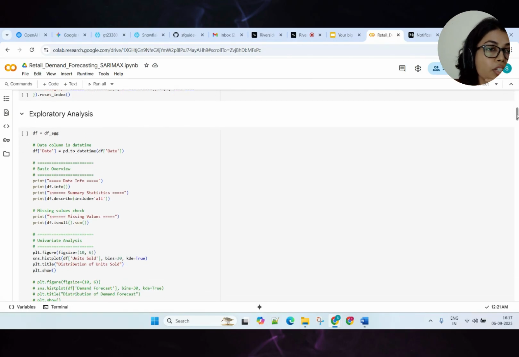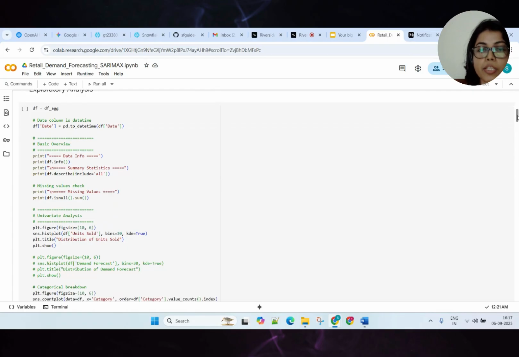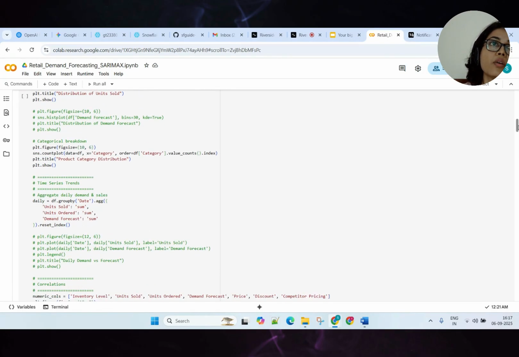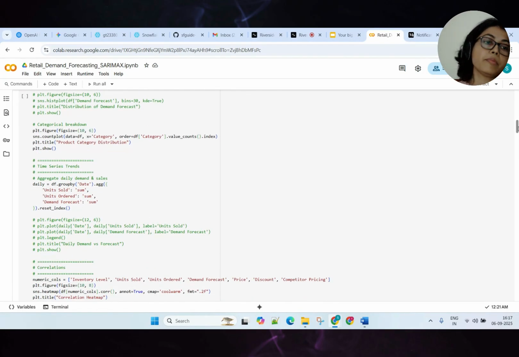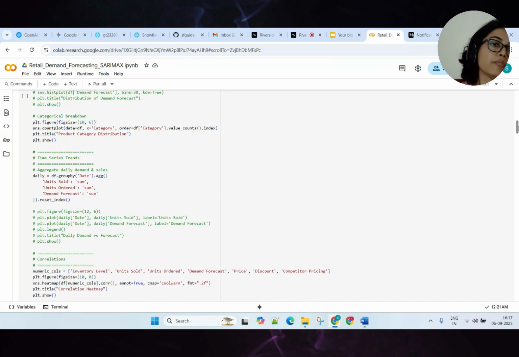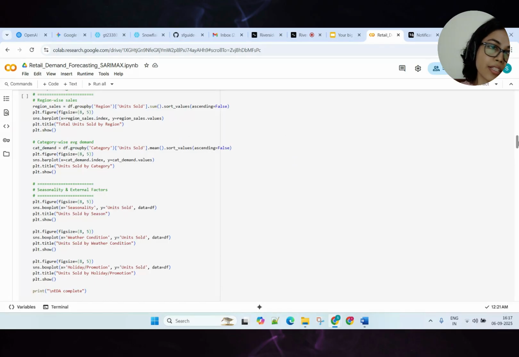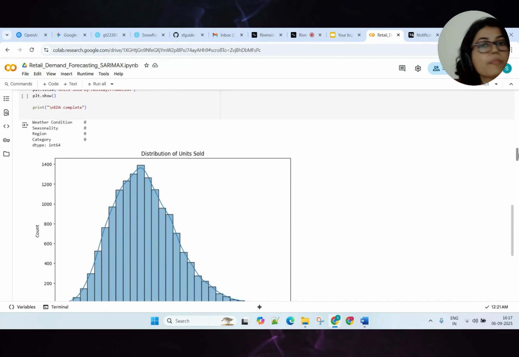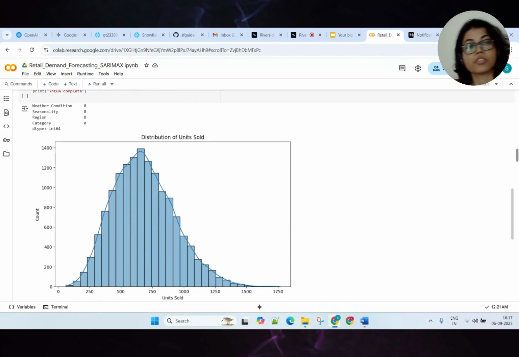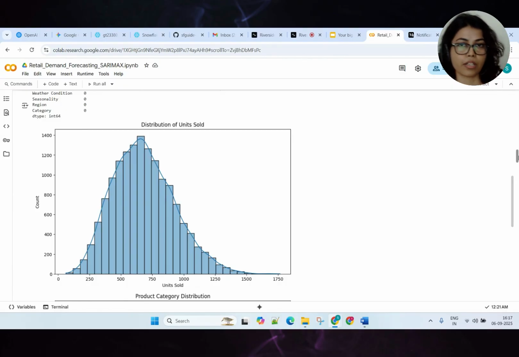Coming to exploration, it could start from a basic exploration, understanding what fields we have and what the minimum and maximum values are. It could be the mean, median, mode, all of this distribution or statistical metrics that we can see in the data. But apart from that, we can also look at visualizations, which are more handy when it comes to forecasting. We can look at the distribution of units sold.